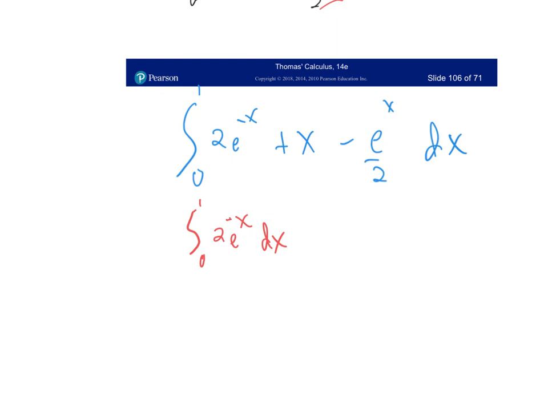That 2 can go on the outside if you want. I'll just leave it. U would be a negative x.